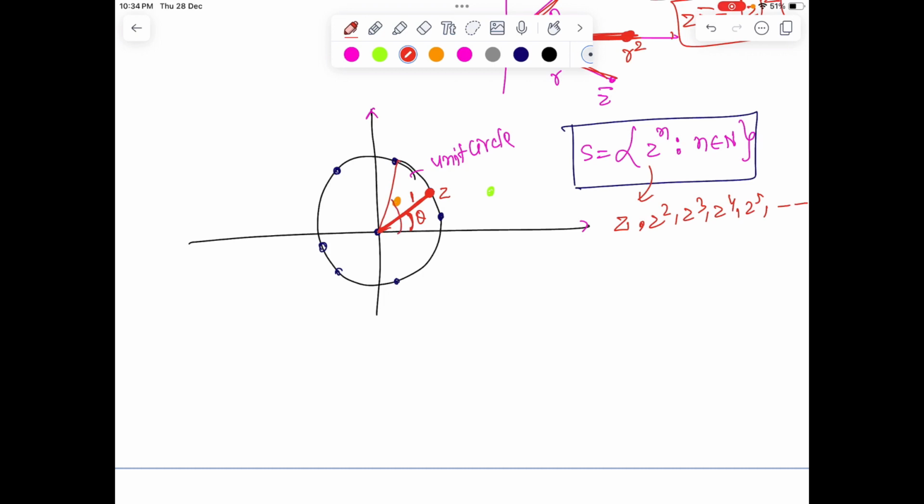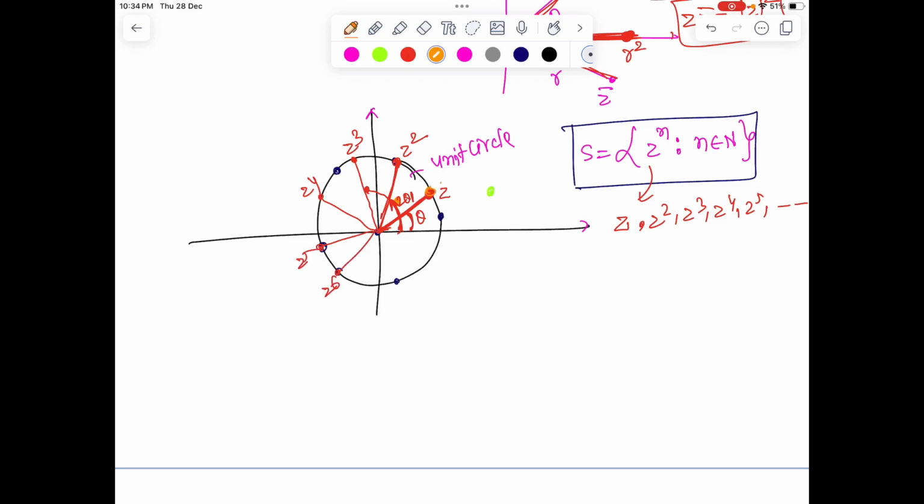So exactly Z square will be at twice the angle, at an angle of theta plus theta with magnitude 1. So this point is Z square. Where will Z cube be? I multiply Z square with Z, so the angle will increase to 3 theta and the magnitude is still 1 into 1. So Z4 is going to be here, Z5 here, Z6.